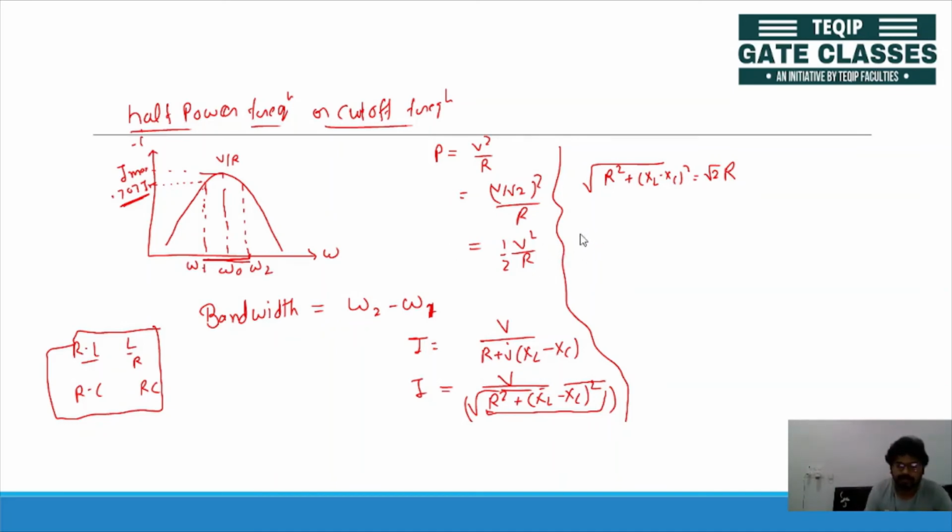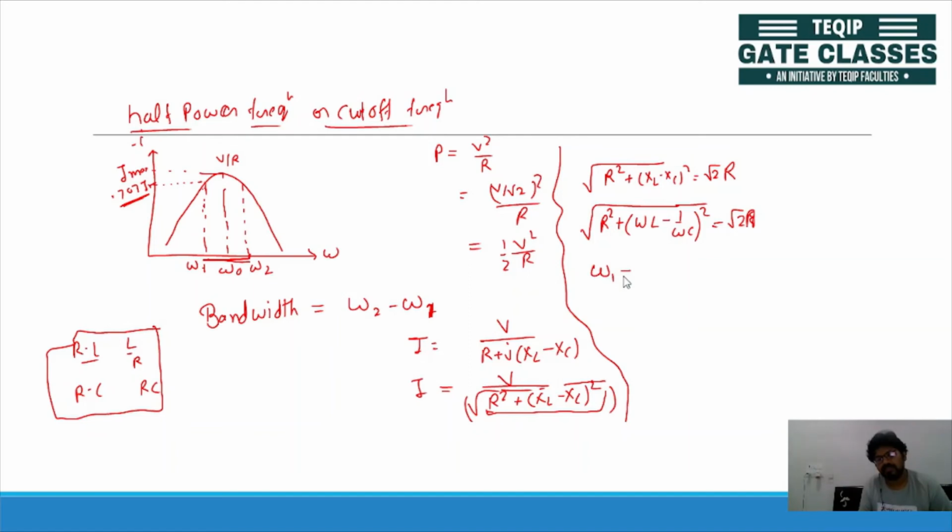Okay, so from here we can write the square root of R square plus (XL minus XC) square, where XL is omega L and XC is 1 upon omega C, is equal to root 2 R. If you solve this equation, you will get a quadratic equation in omega. From this equation you will get two values.